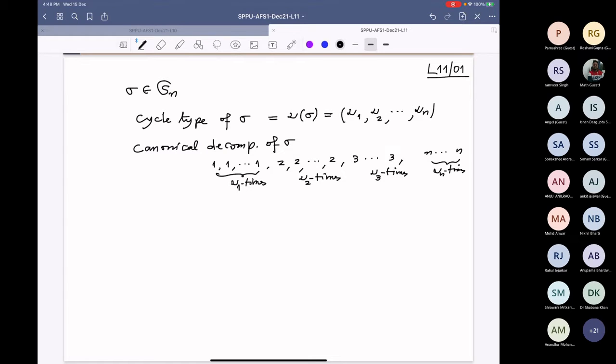So altogether we have n elements, and these are 1 times mu1, 2 times mu2, and 3 times mu3, and so on. So you get a partition of n. So this is a partition of n.